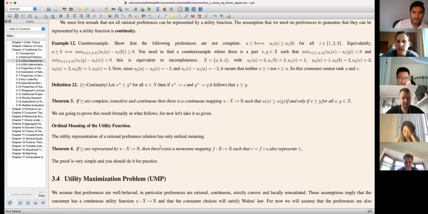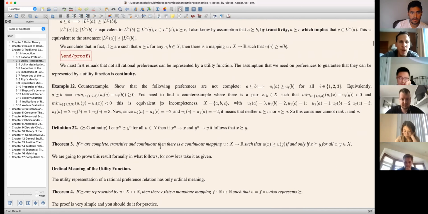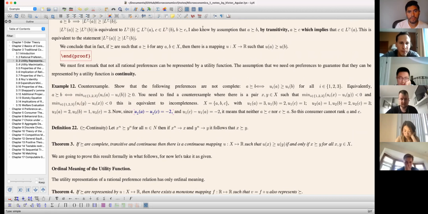Okay, so now, could I ask you something about the proof? Yes, a very short question. You proved that in the case that the second side of the tautology does not hold, then the preferences are not complete. But in terms of the proof, is it necessary to prove the other way around?